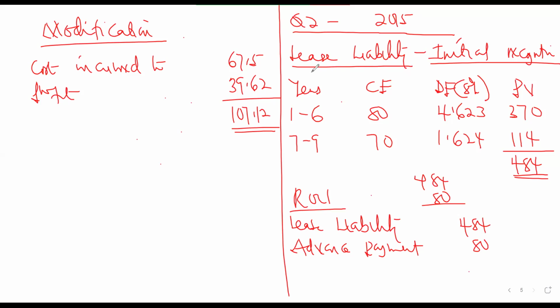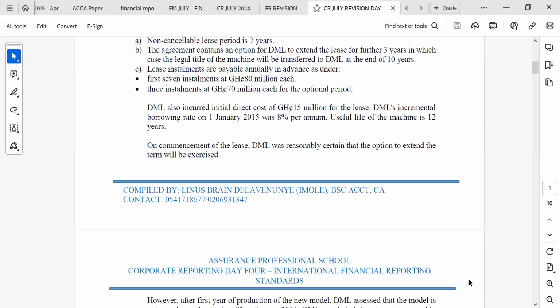Okay, we now bring in the issue of the direct cost. Direct cost can be delivery cost, or any other cost that will be added to the initial cost of the asset. And that is how much?